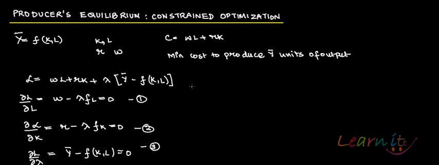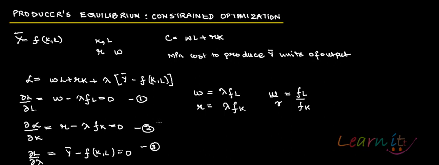From the first and second you get W equals lambda FL and R equals lambda FK. Dividing first by second, you get W by R equals FL by FK.